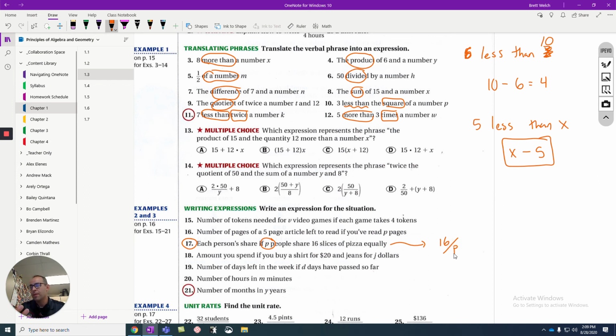If I end up with 5 people at the party, I'll divide by 5, have a leftover piece. If I end up with only 3 people, I divide by 3, and so on. And so this is an example of an expression that I could use later to solve the problem once people show up to the party. These are the kinds of expressions that we want to be able to build using the understanding that we have of what the word difference means, or what quotient means, and things along those lines.